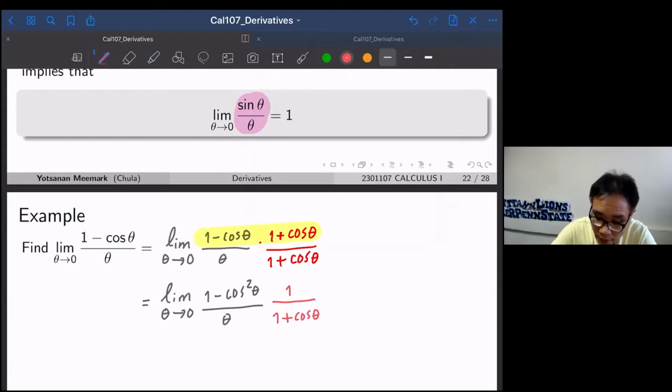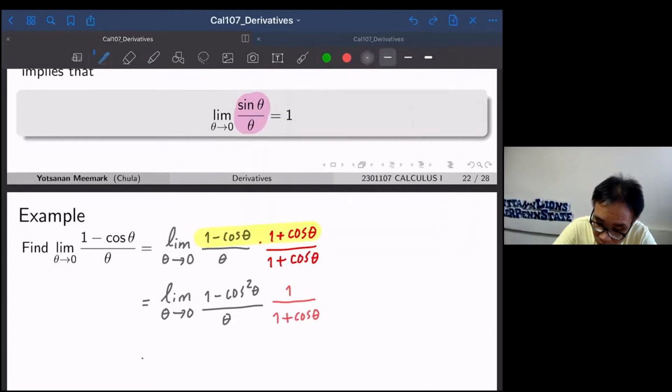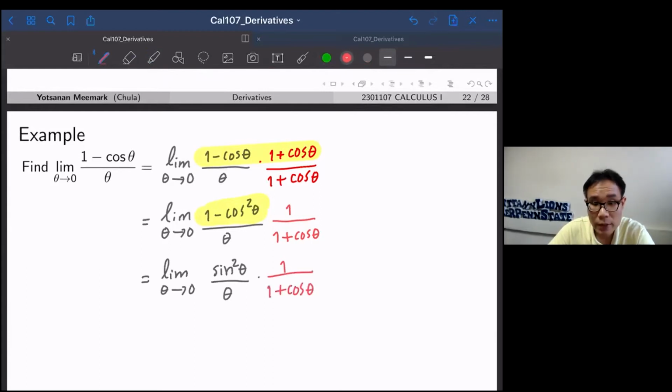And you see that this is the limit as theta goes to 0 of 1 minus cos square, which is the yellow guy, and 1 minus cos square is sine square theta, over theta, multiplied with the red guy, which is 1 plus cos theta.